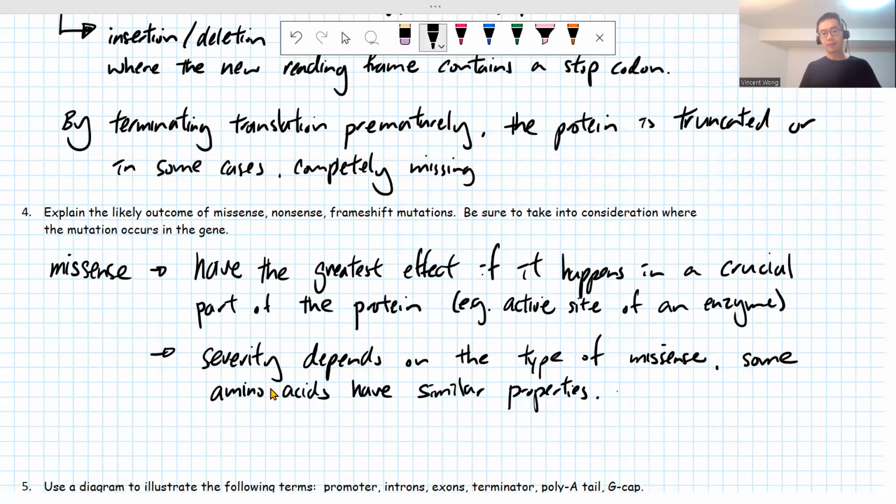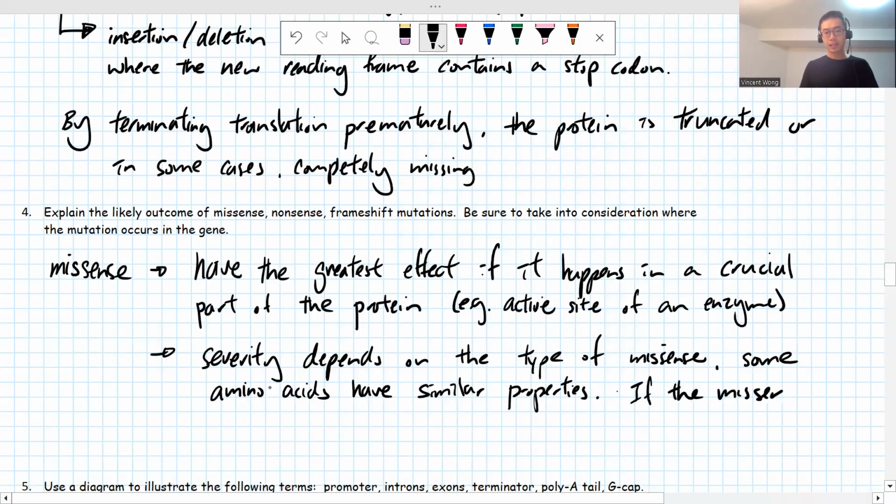So if you have an amino acid that's hydrophobic, and after the mutation it's also hydrophobic, then you would have less of an effect on the protein compared to if you're switching something from hydrophobic to something that's hydrophilic.